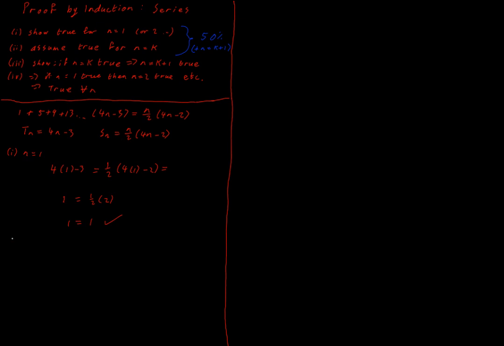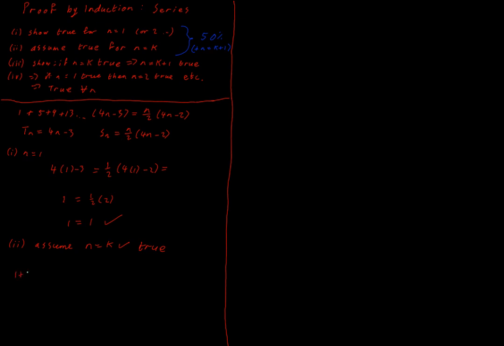Next step, I'm going to state that I'm going to assume that my relationship is true for n is equal to k. And again, k is just some number. I'm going to assume that it's true. I tend to write tick for true. So assume that that's true. Let's write down what that would mean.